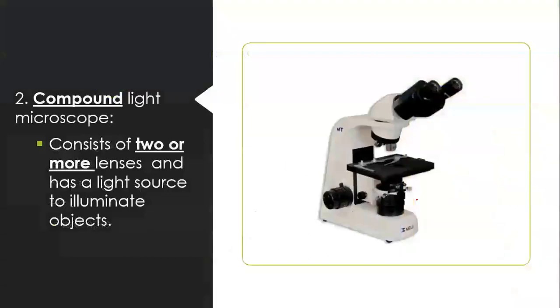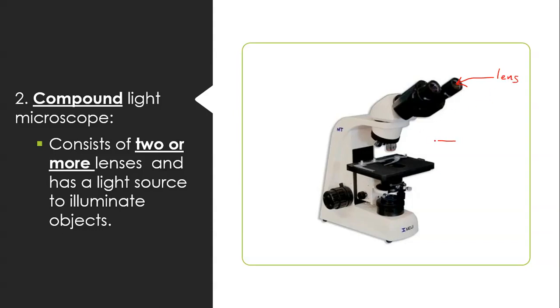A compound light microscope consists of two or more lenses, and usually has a light source like a light bulb. Okay, so in this case, we have a lens here in the eyepiece. Okay, so that would be one lens.